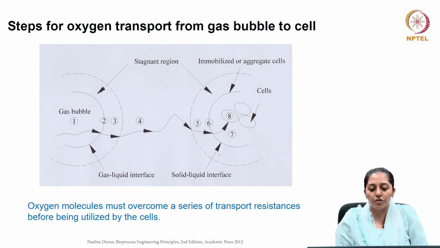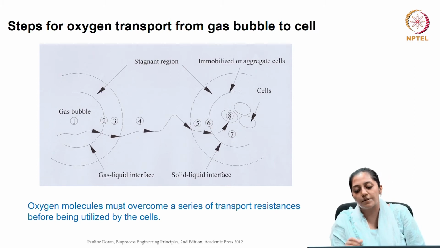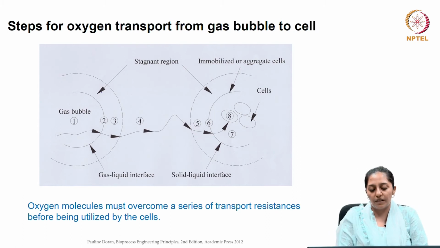For oxygen to reach the cells inside the immobilized bead, the oxygen molecules must overcome a series of transport resistances before it can be utilized by the cells present inside the immobilized structure.